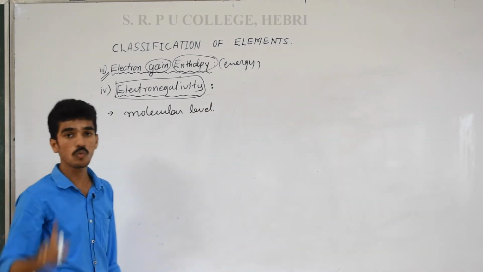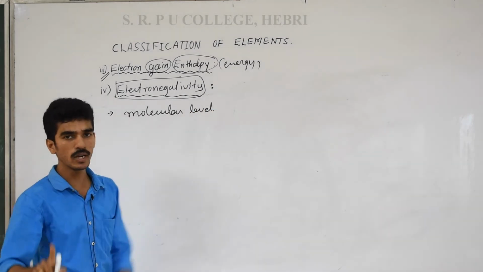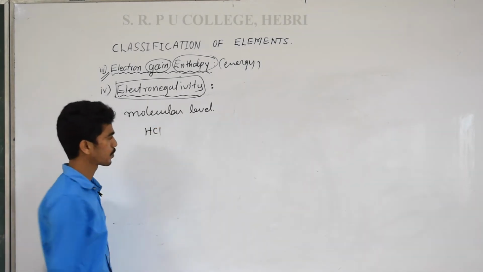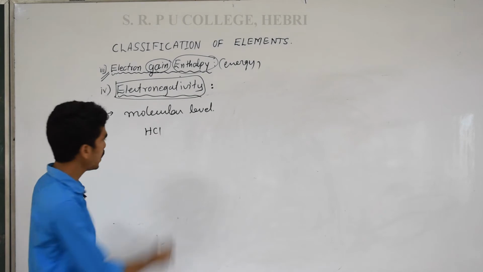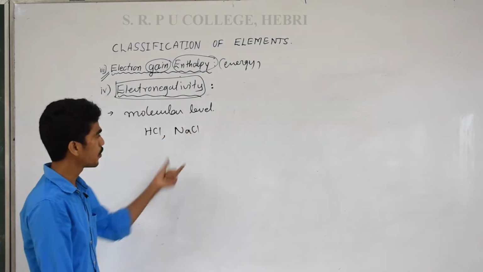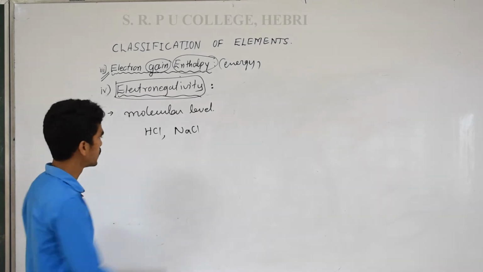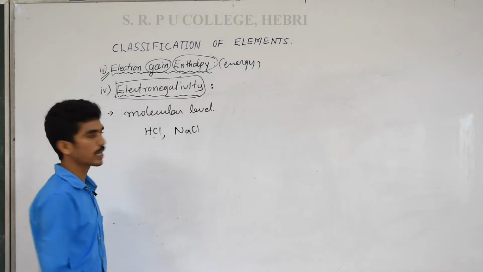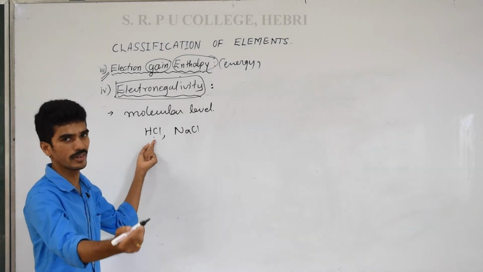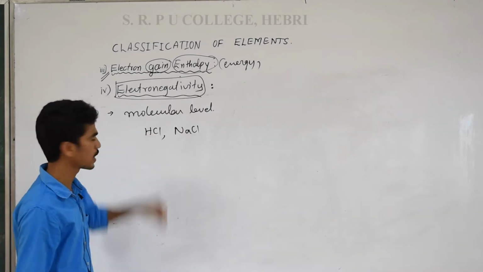That means one atom should be bonded with another atom, for example HCl or NaCl. These are all molecular levels. So electronegativity must be stated in correspondence with the other atom.